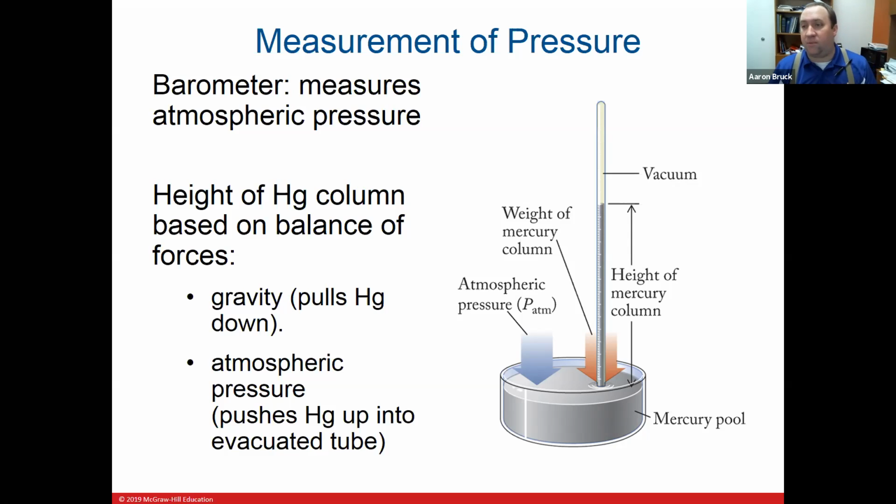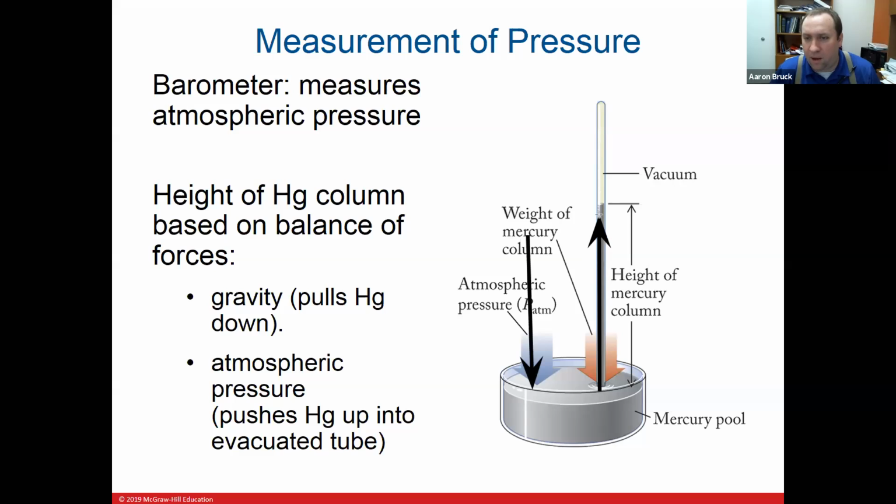Since it's open to the atmosphere, we've got the pressure of the atmosphere pushing down on that mercury. And as it pushes down, it'll start to push mercury up the column, very similarly to what you saw in lab with the gas laws experiment, where the pressure of the gas inside of the flask pushed the water up the piece of tubing.